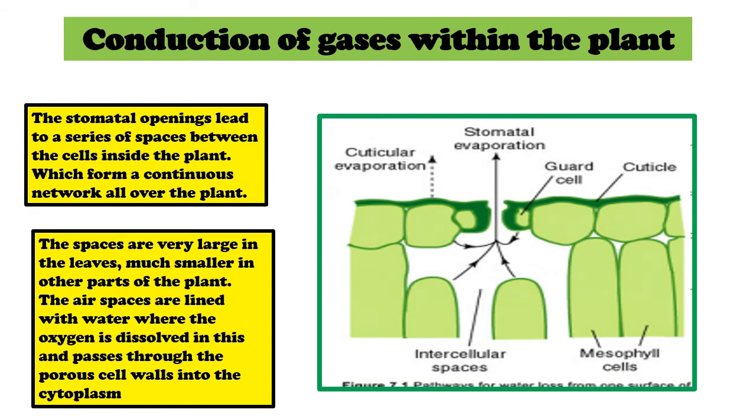And the air spaces are lined with a thin film of water where the oxygen is dissolved, and it passes through the porous cell walls into the cytoplasm of the cells.